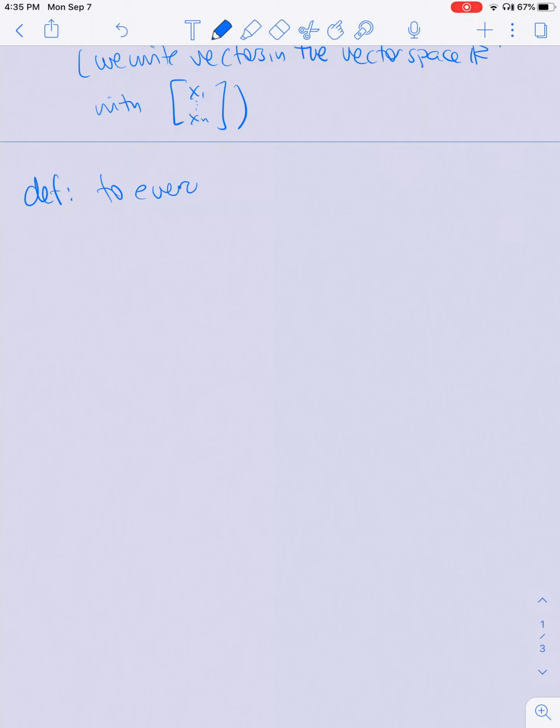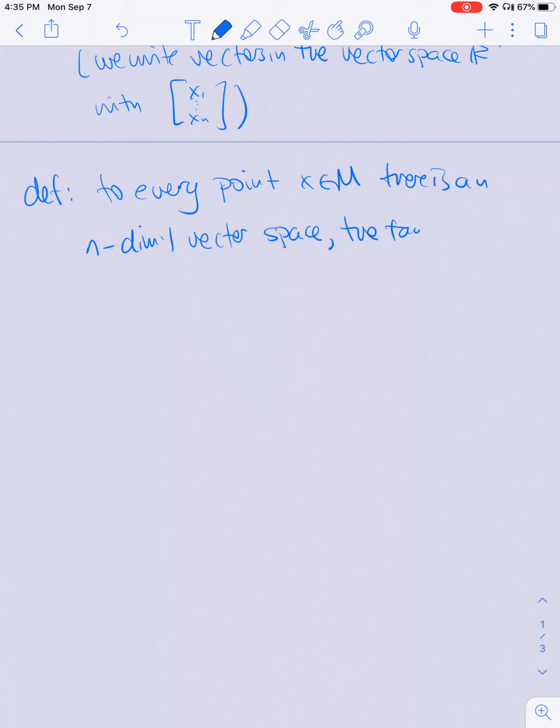To every point x in a manifold M, there is an n-dimensional vector space called the tangent space to M at x, and denoted T sub x M. And it's defined in one of several ways. We're going to define it in one specific way, but here are several ways you can think of it before we give the precise definition.